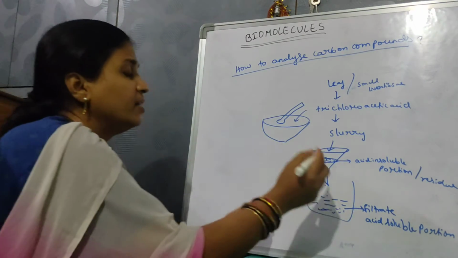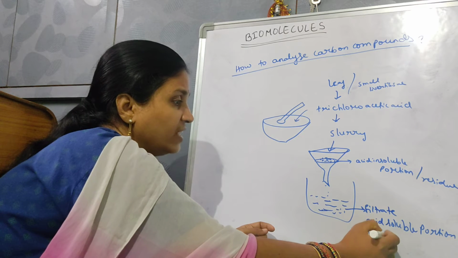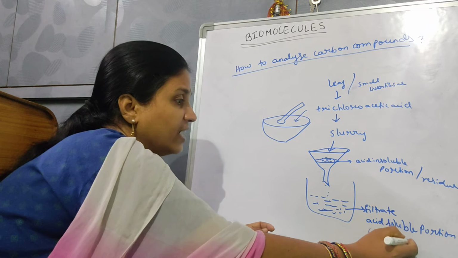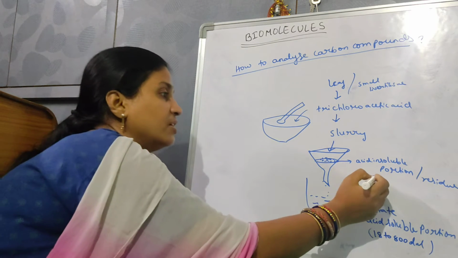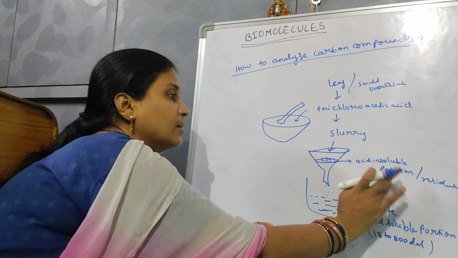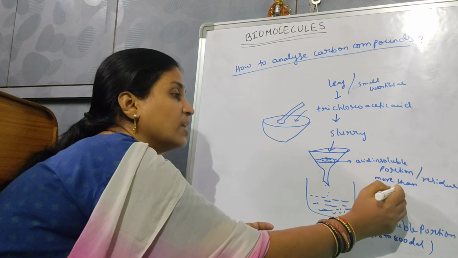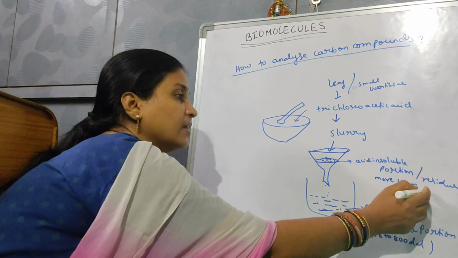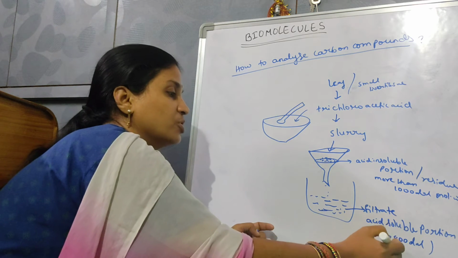Here the acid soluble portion is going to have 18 to 800 daltons of molecular weight substances. More than 1000 Dalton molecular weight substances are present in the acid insoluble portion.